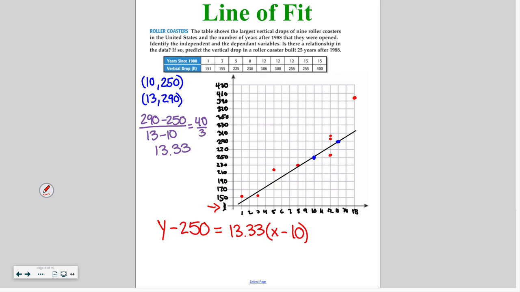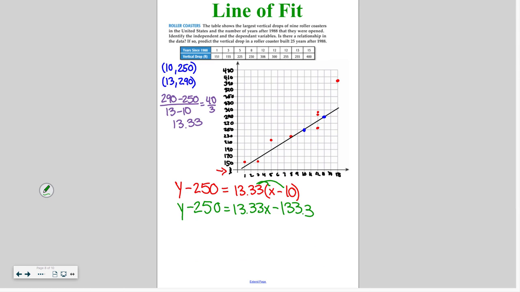Again, we want to get rid of those parentheses, so our first step is to use the distributive property, which gives me y minus 50 is equal to 13.33x minus 133.3.